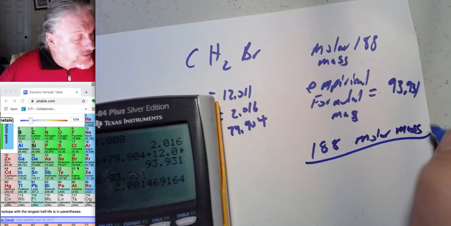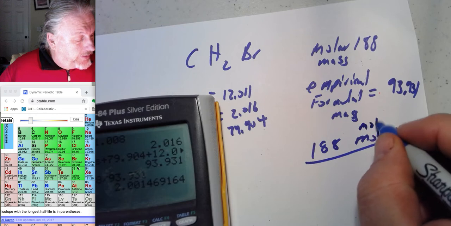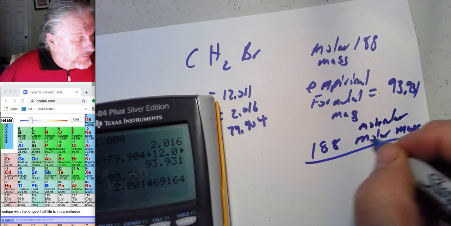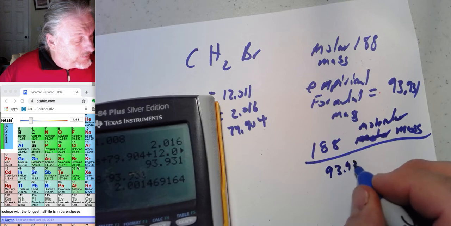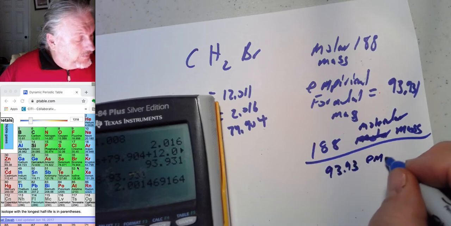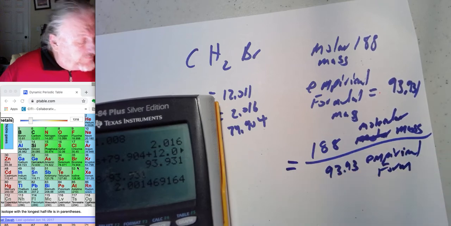The molar mass of the actual molecule, the molecular mass. That's what I'd rather use, molecular mass. That to me would be a better name. And then 93.93, that's the empirical formula mass. And that's going to give me a factor of 2.